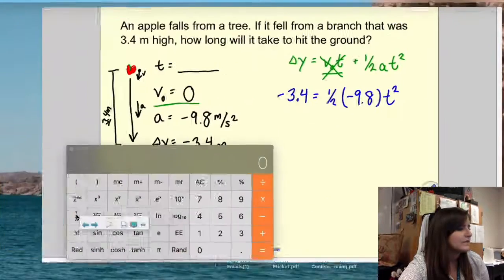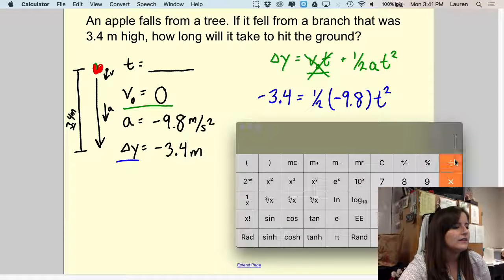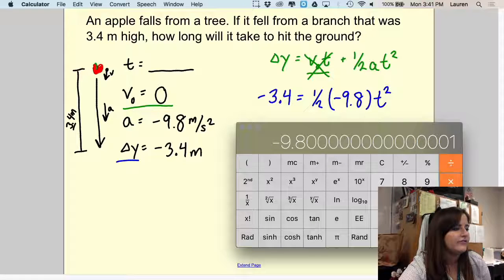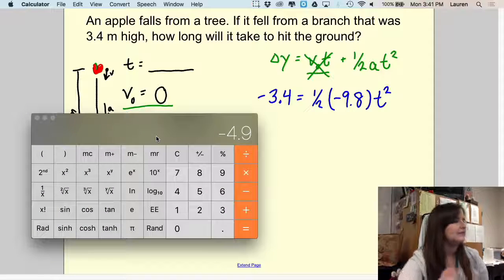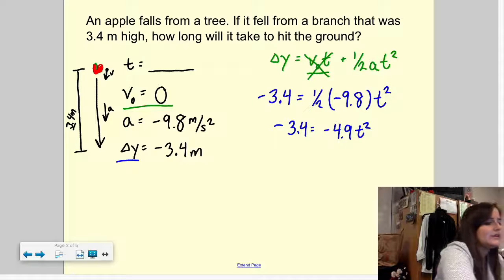Okay, there it is. 1/2, aka 0.5, times negative 9.8 equals negative 4.9. So negative 3.4 equals negative 4.9 times t squared.